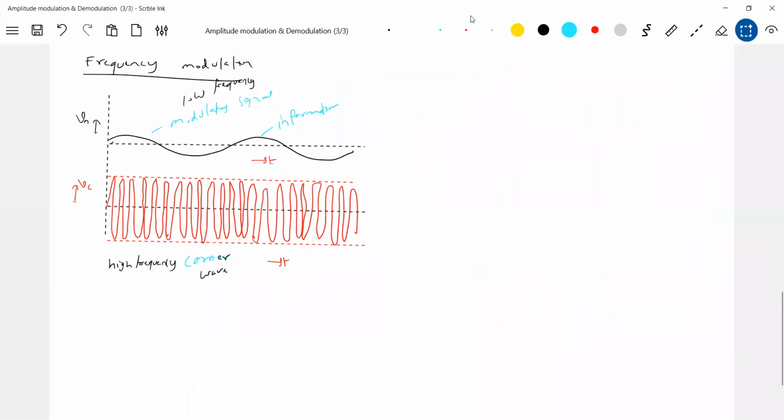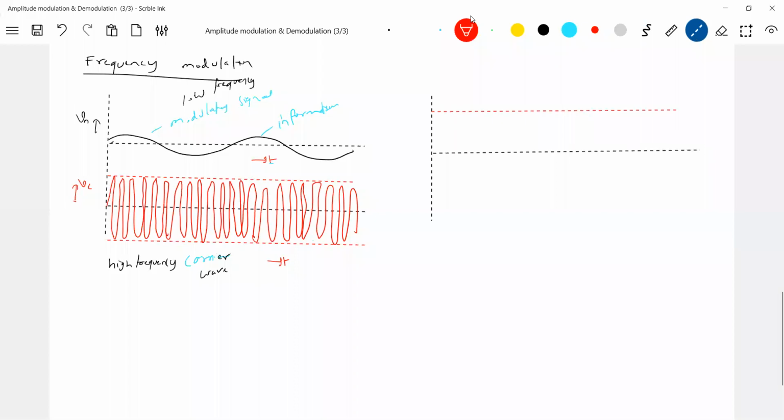So now what happens in frequency modulation is that the frequency of the carrier will vary as that of the modulating signal, but the amplitude is going to remain the same, because that is what we are saying in frequency modulation. Okay, now look at this here. The amplitude here is very high, here 0, so no change in frequency should occur. So let me build up that signal.